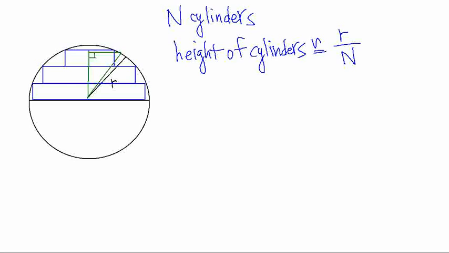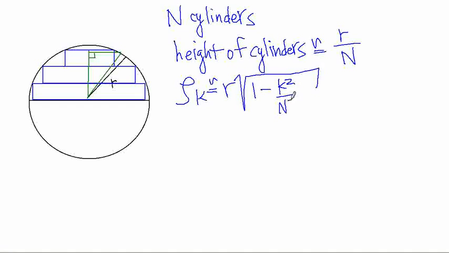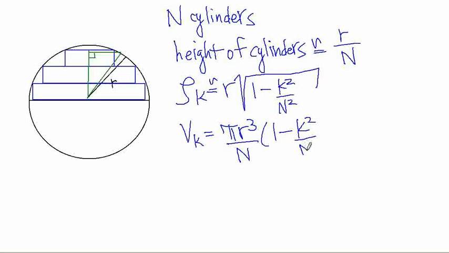Okay, I will leave it to you to derive that the radius of the kth cylinder is approximately r times the square root of 1 minus k squared over n squared. Also, the volume of the kth cylinder is approximately pi r cubed over n times 1 minus k squared over n squared.